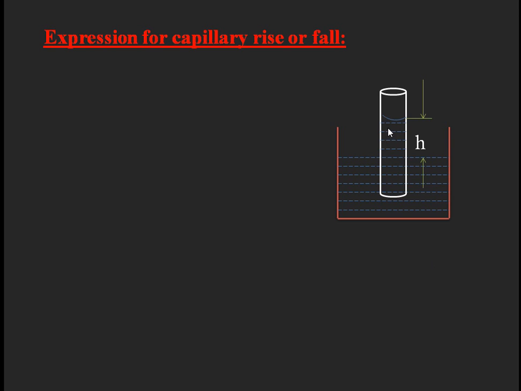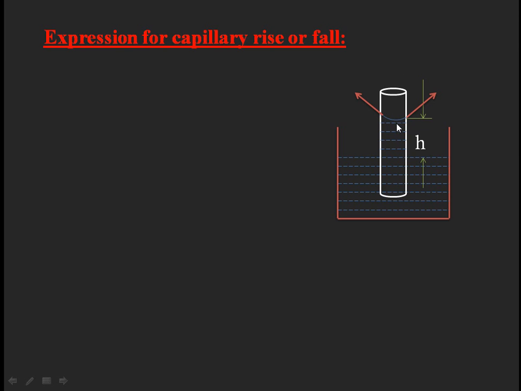So here I can say that at the surface of the water in a glass tube, it will have a surface tension. Surface tension means we can take the force due to surface tension. It will be acting in this direction. Why? Because surface tension is the force acting per unit length whenever two dissimilar fluids come in contact with each other.